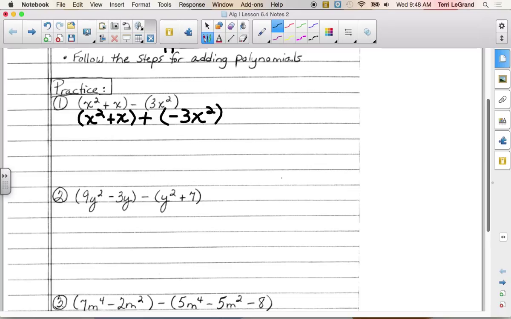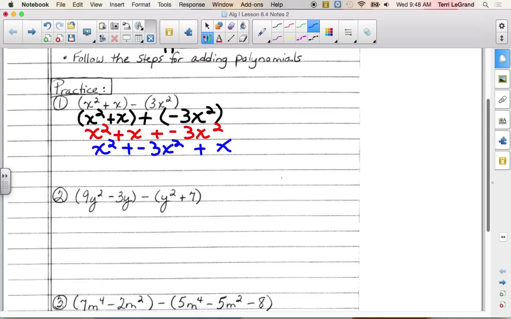When it's addition, you can just drop the parentheses. So we'll just drop those parentheses. And at this point, everything should already be addition. We're not going to have to change at this point. Now we will just combine our like terms. And some of you feel you don't need to do this rearranging step.